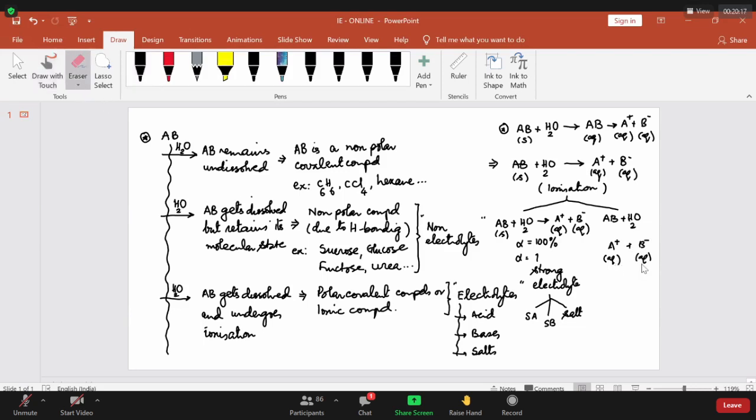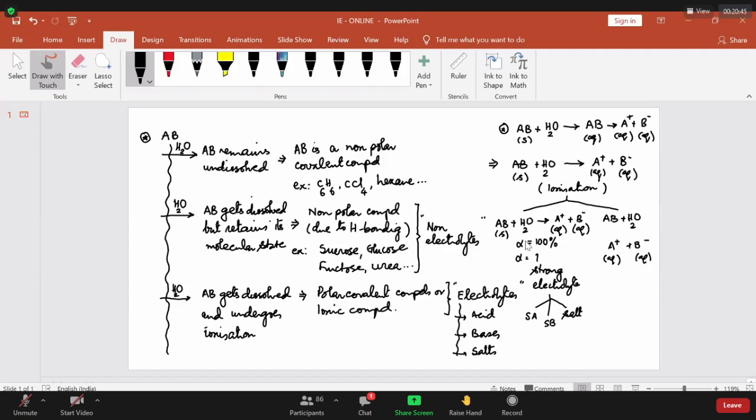No, sir, I am getting 60 and 60, right? If you are having that type of situation, then you can say this is partial ionization. And once you are having partial ionization, then it means in this container, we are having AB undissociated, A plus ionized, B minus ionized. That means three species are dancing in the container.